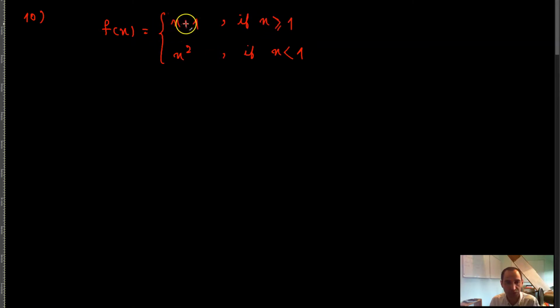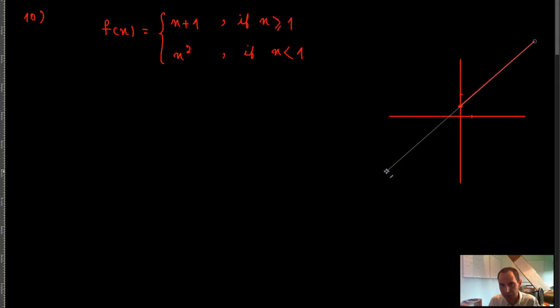So you can draw the graph of this function as follows. If you have f of x is equal to x plus 1, that's the line f of x equal to x, but shifted up 1 unit. If I take this as y is equal to 1, and the slope of the line is 1, the line will go through these two points, and this is for x greater than or equal to 1.